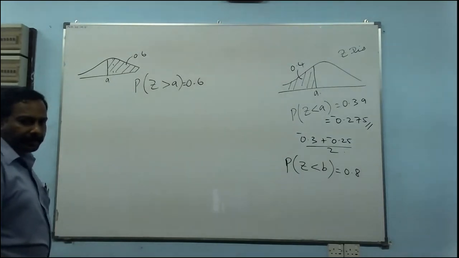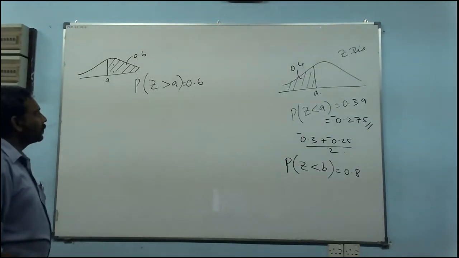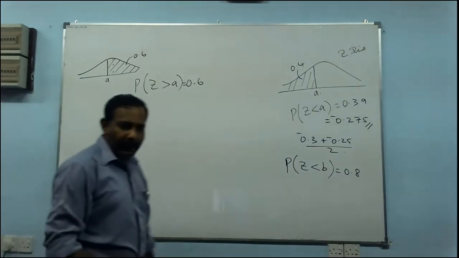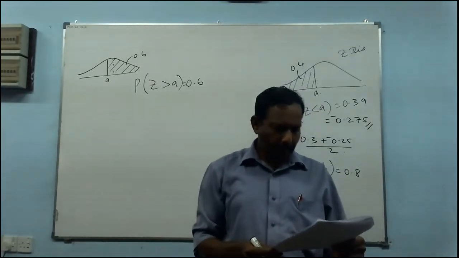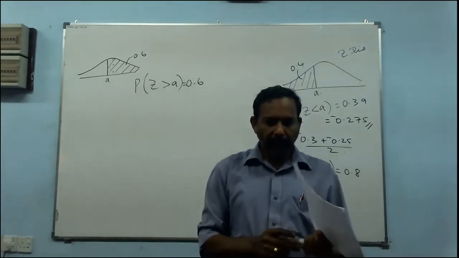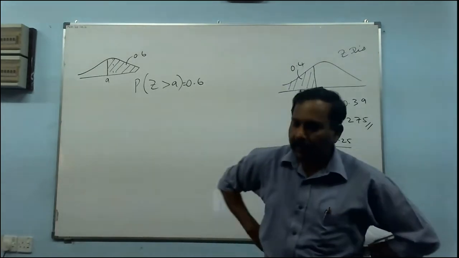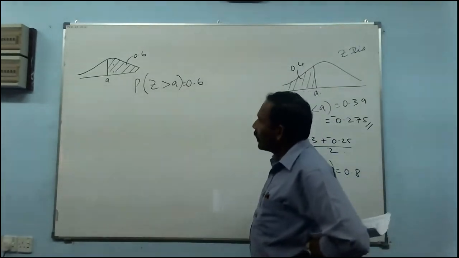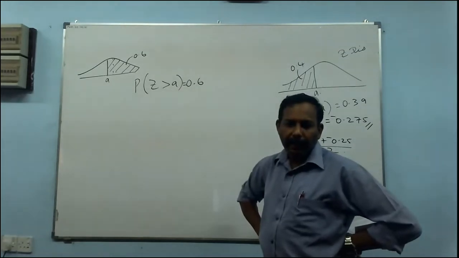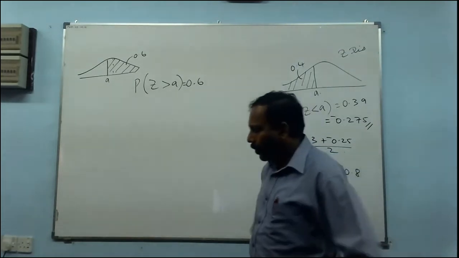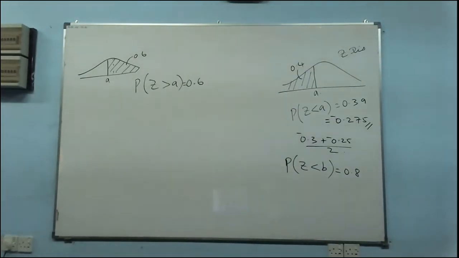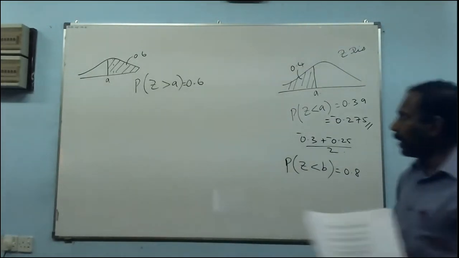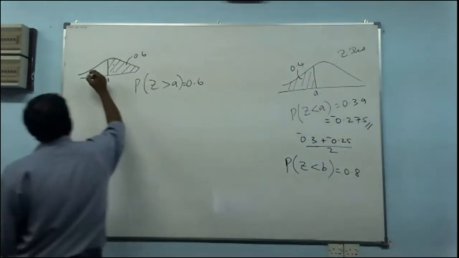Anyone? How to handle this? What is the value of A? Look at what this opposite area is. What is the left side area? 1 minus 0.6.